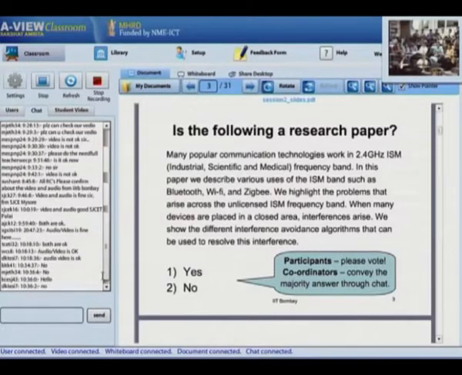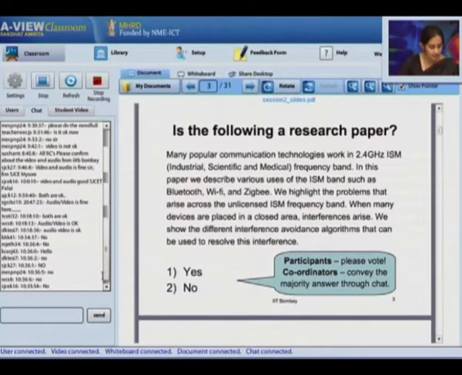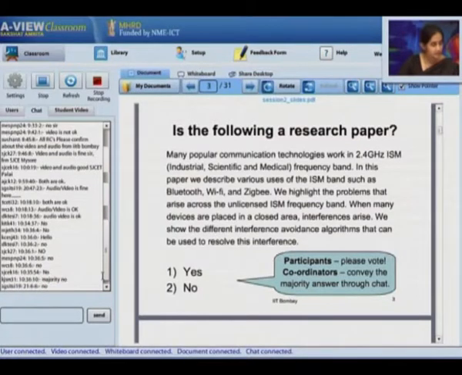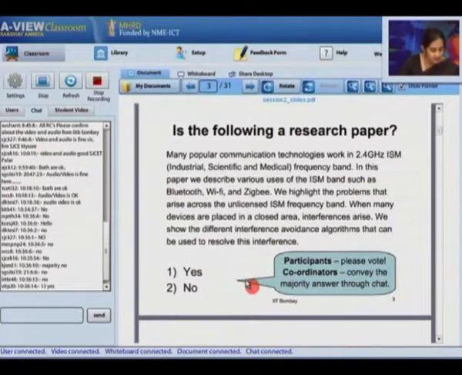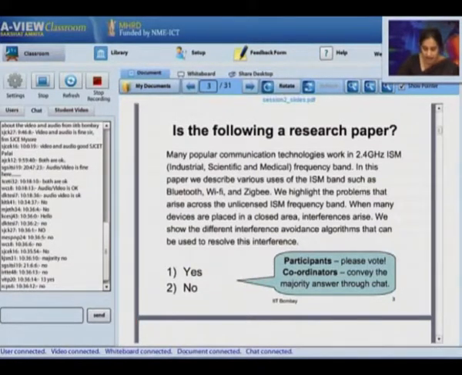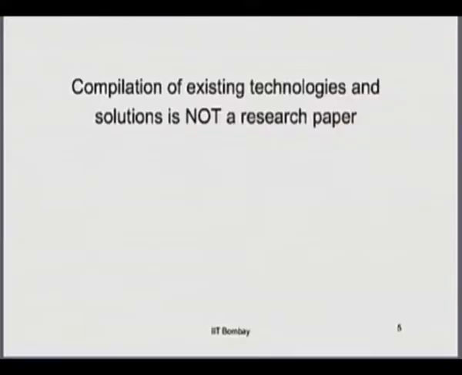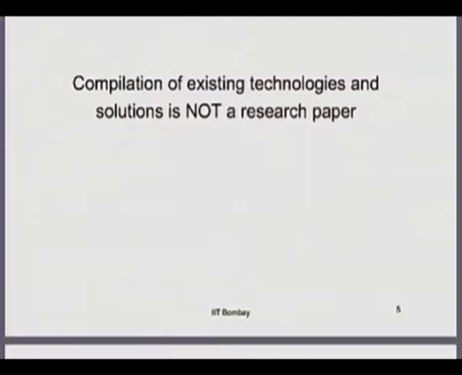Okay. We are getting a number of answers. Excellent. So I've got at least 10 answers so far, and most people say that no, this is not an abstract for a research paper. The majority says that. And the reason is that a research paper is not simply a compilation of existing solutions or existing technologies.